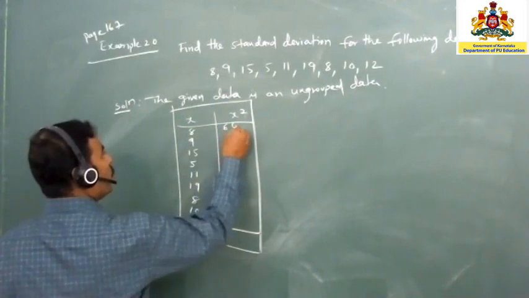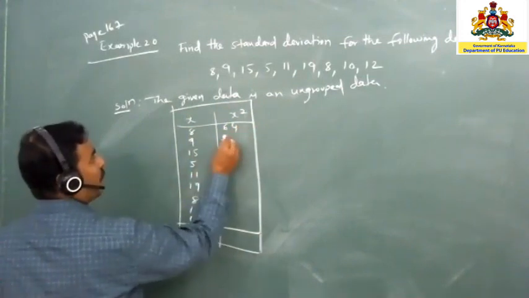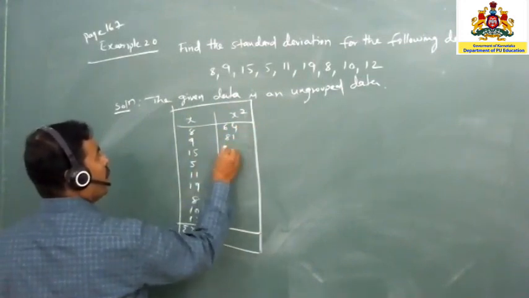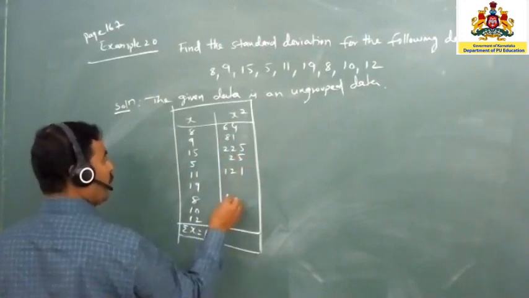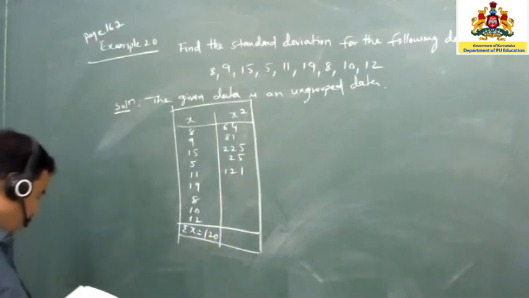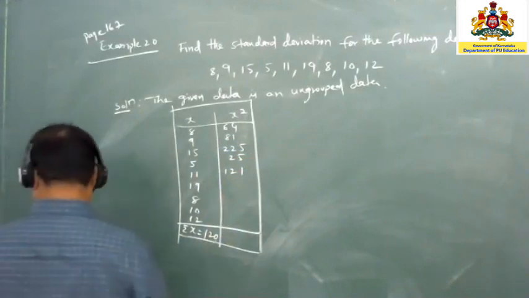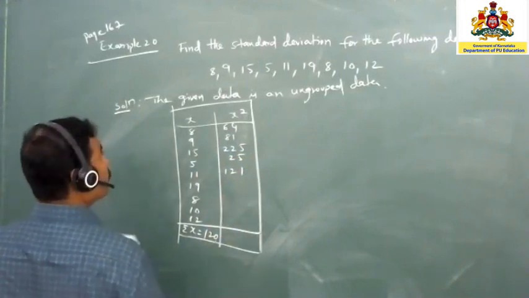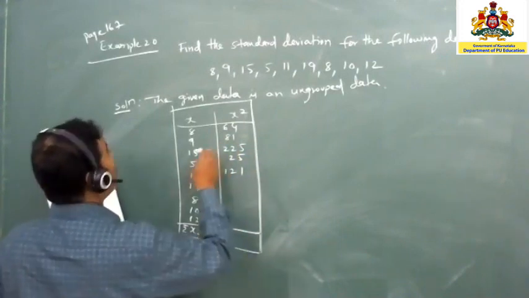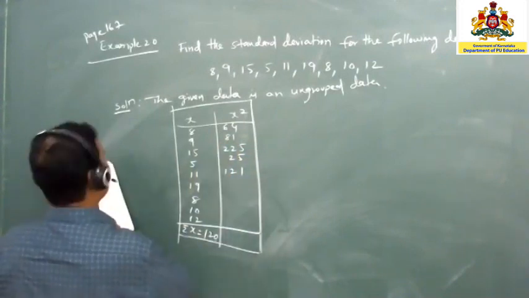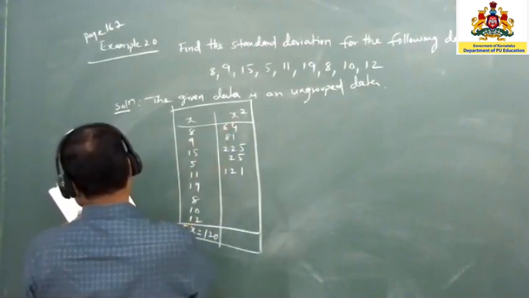The squares: 8 square is 64, 9 square is 81, 15 square is 225, 25, 121, 19 square is 361, 64, 100, 144.